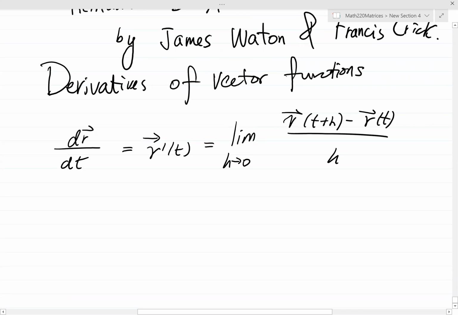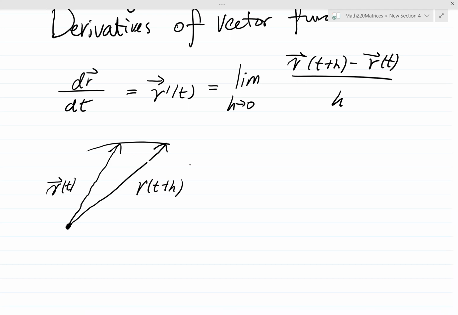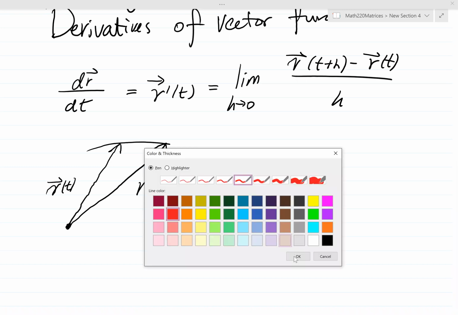Let's see, if we have a curve. Suppose this is the origin O, this is r(t), and this is r(t plus h). If we subtract r(t) from r(t plus h), let me color that in red.